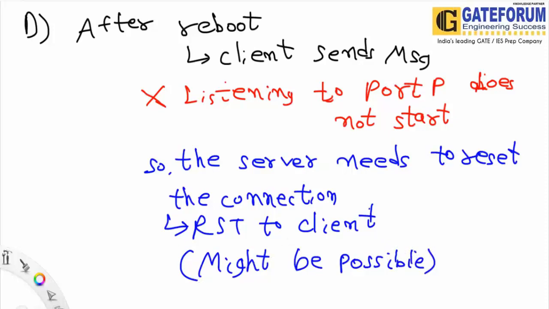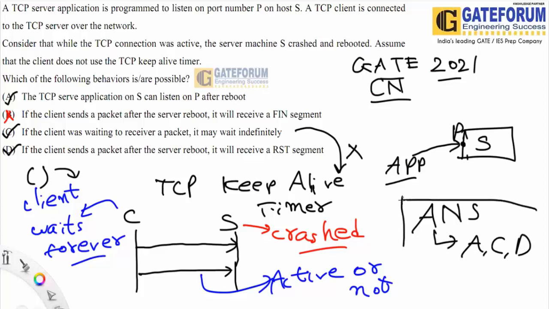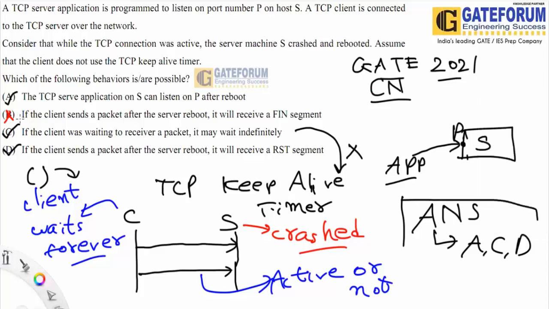So here the answer would be A, C, and D. A, because by default the connection gets established and if the service gets started by default, it might be one of the possibilities.